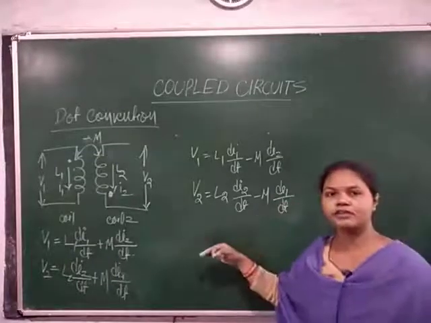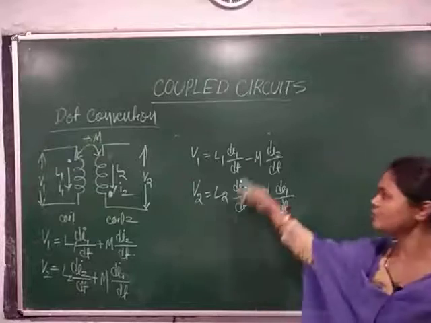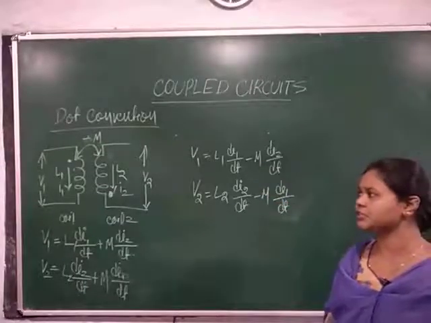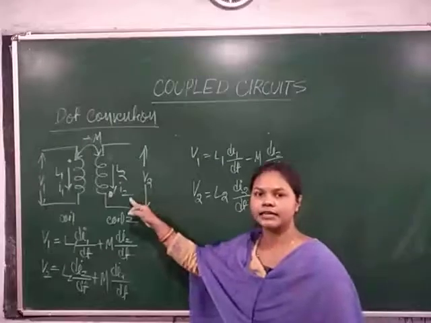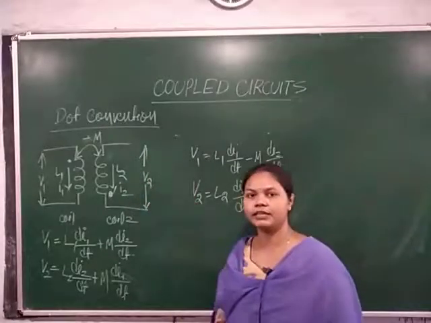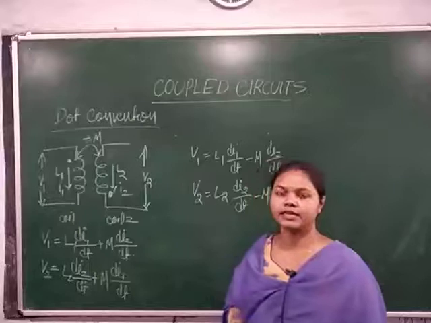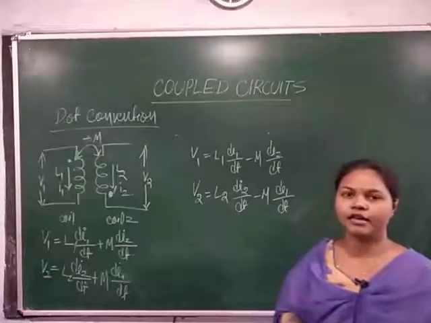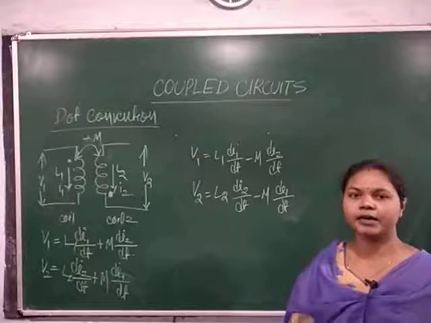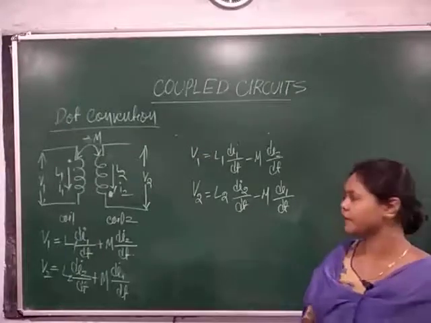So here students, we have discussed how you find the voltage induced in an inductively coupled circuit by using the dot convention technique. Next we see how to find the voltage of a conductively coupled circuit in parallel.